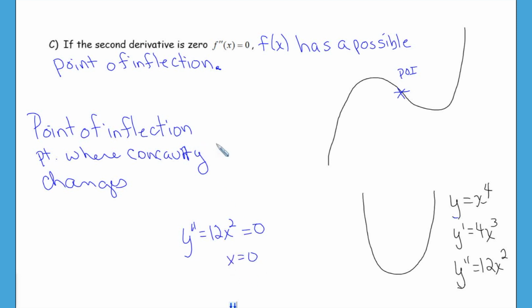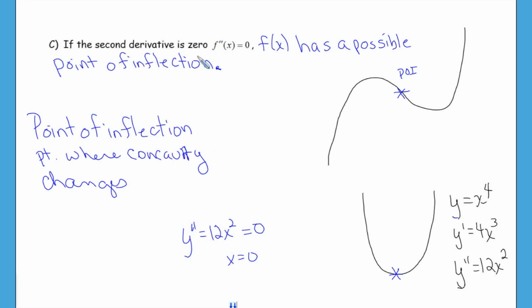And so if you just said, hey, everywhere the second derivative is 0 means there's a point of inflection. But notice on x to the 4th, which looks very similar to x squared, but it's just skinnier, right? Then right here, is there a point of concavity change? There is not, because this is concave up the whole time. So you can get fake information if you're not careful.